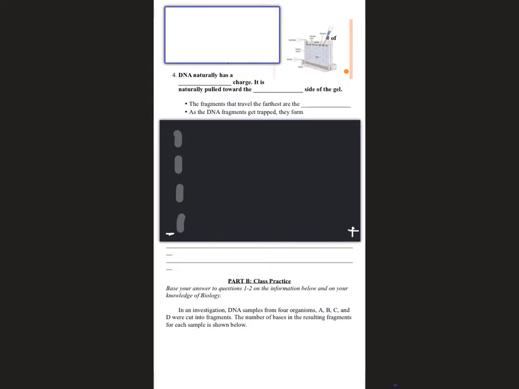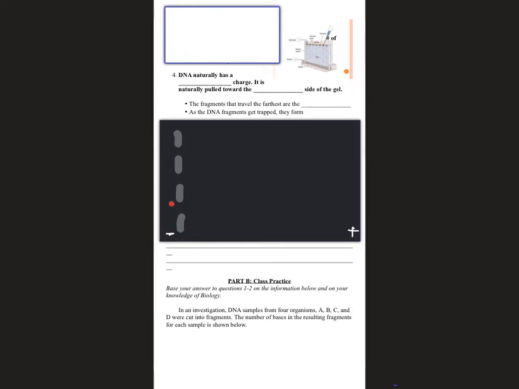Okay, so if you look at the bottom or the middle of the worksheet, I created my own gel electrophoresis chart. Now once the restriction enzyme is put into the DNA and the DNA is broken up, the DNA is then pipetted into a special sponge-like gel.